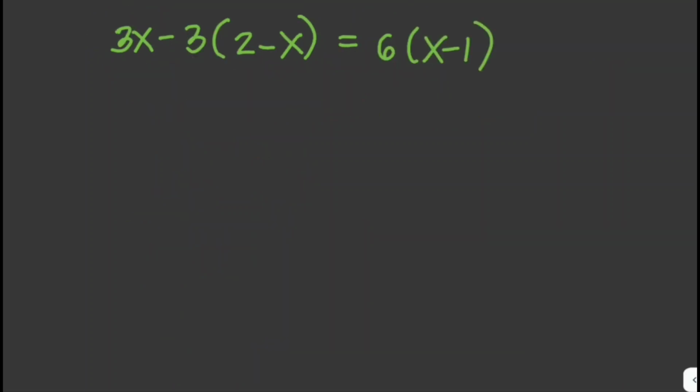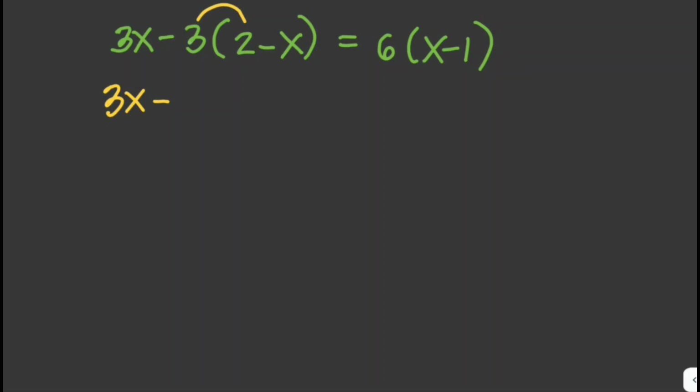Okay, let's try this problem here. 3x minus 3 times 2 minus x equals 6 times x minus 1. So let's simplify the expressions on the left and on the right. So we have 3x minus, we distribute 3 to 2 minus x.